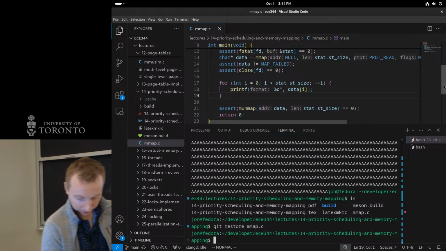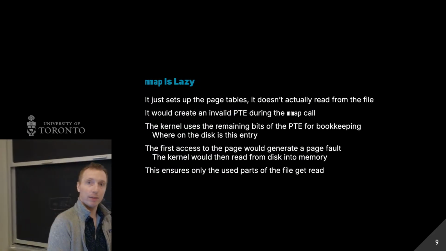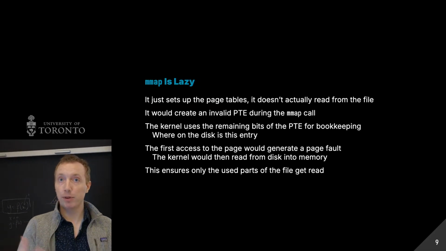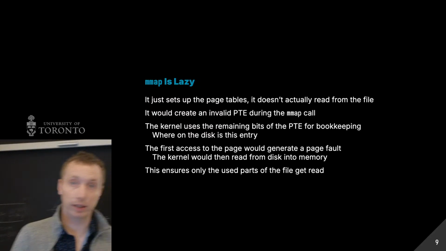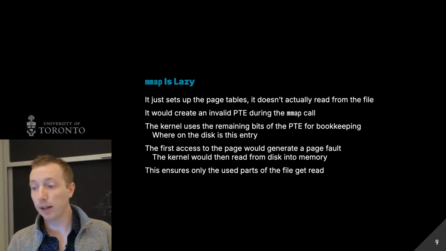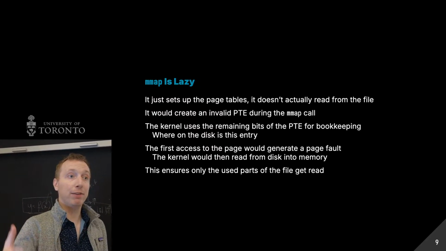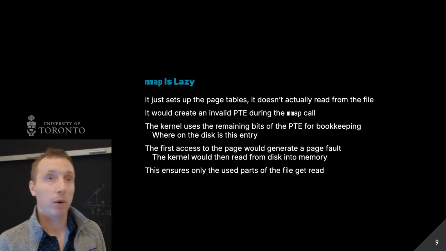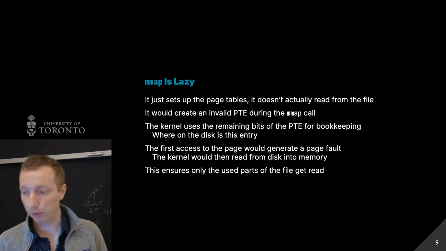So, based off that, yeah, a few other things to note. mmap, it's lazy, like I said before, which is why I explained how it worked. It just sets up page tables, it just sets up entries, doesn't actually read the file until you actually use it. Like I said, it just creates an invalid PTE with some bookkeeping information to figure out that if you actually try to use this virtual memory address, how should I populate the data for the page when I grab a new one?